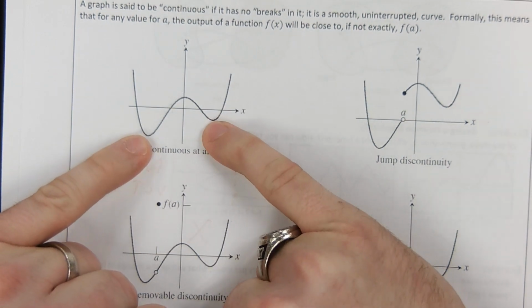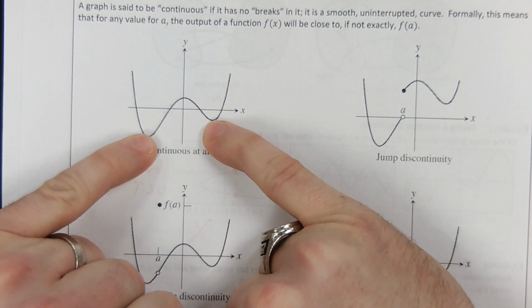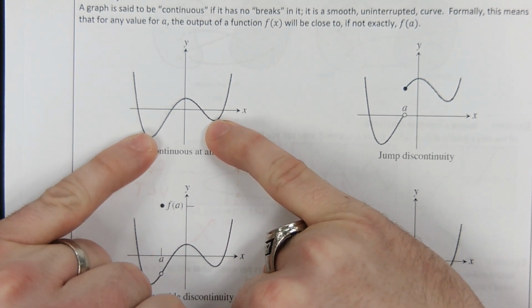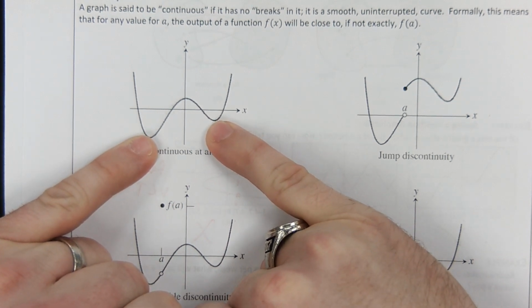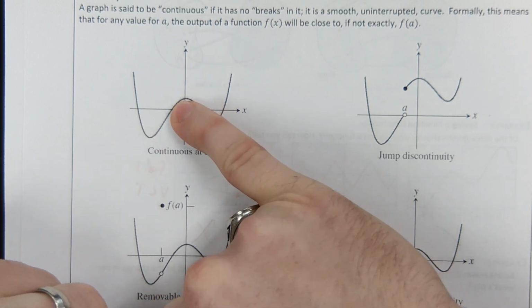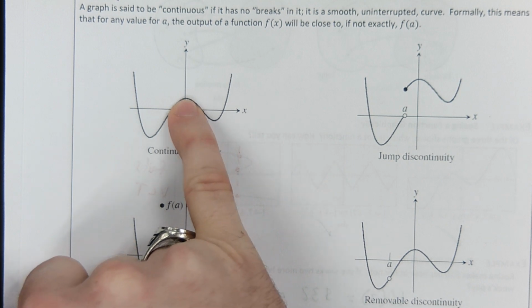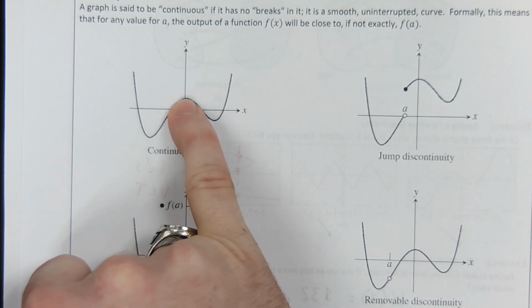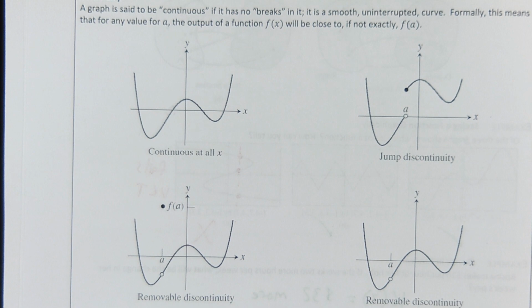These 2 points right here are called local minimums. Local means in this general vicinity. This point right there is a local maximum in this general vicinity. So hopefully just by looking at a picture, it's a little bit obvious what those terms mean, minimum and maximum.